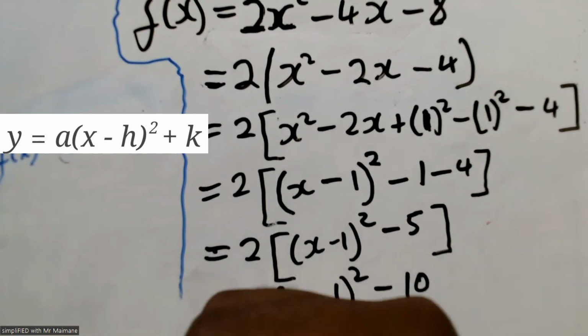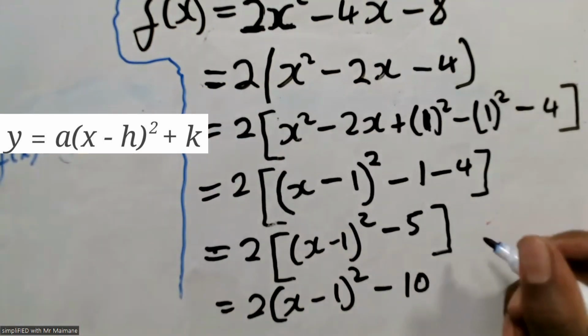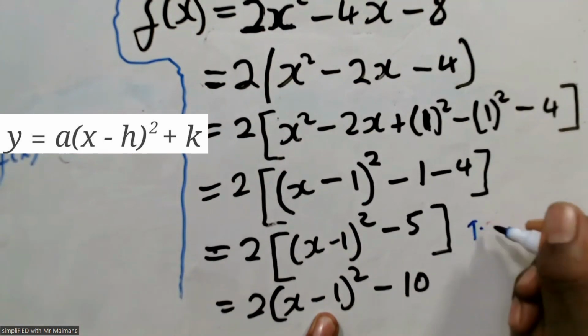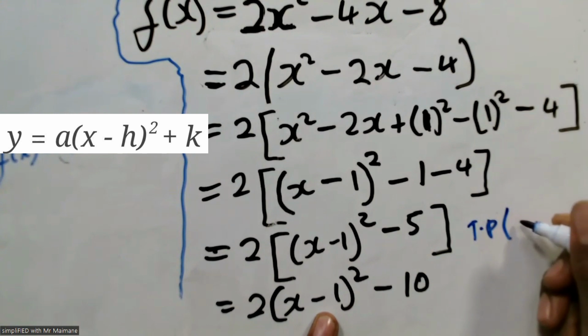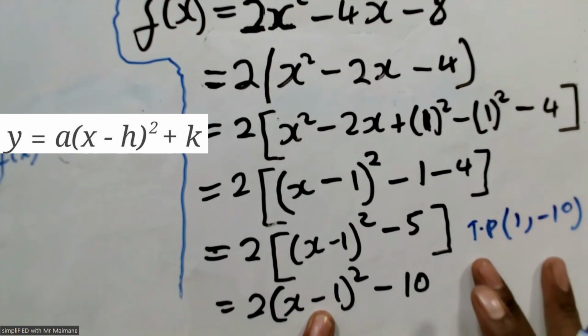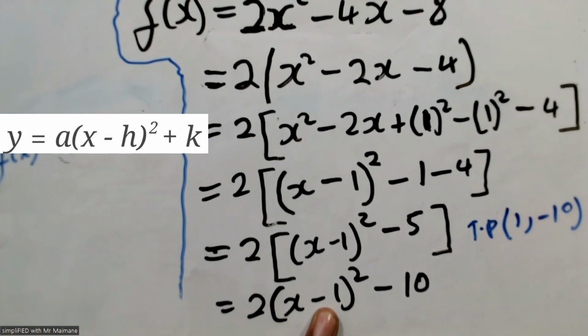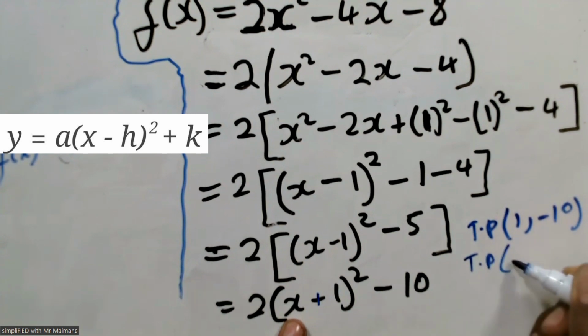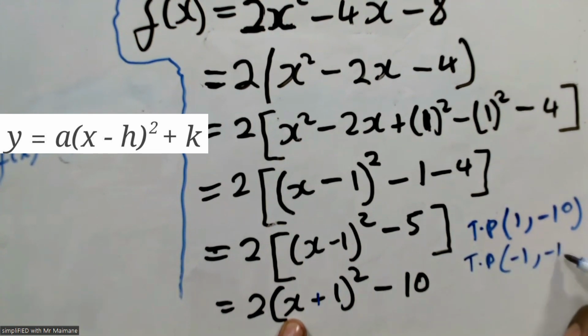Let me just write it clearly. Our vertex, which is the turning point here, is positive 1 and minus 10, like that. Otherwise, if it was a plus here, our turning point would have been negative 1 and negative 10.